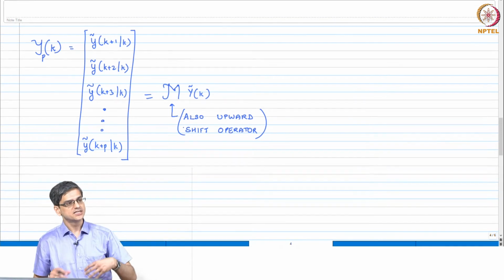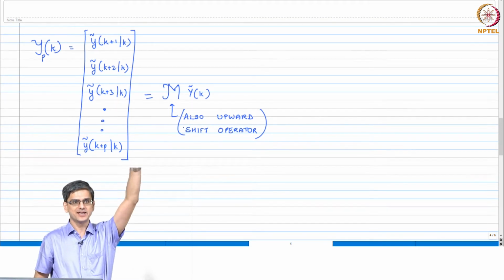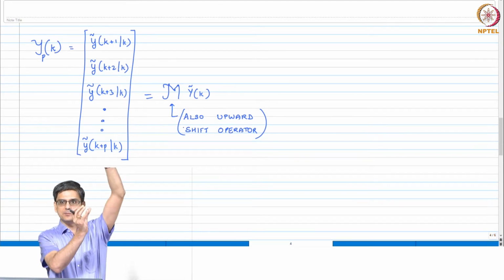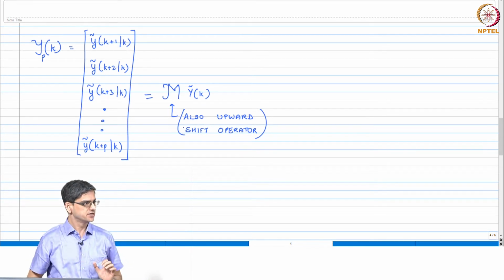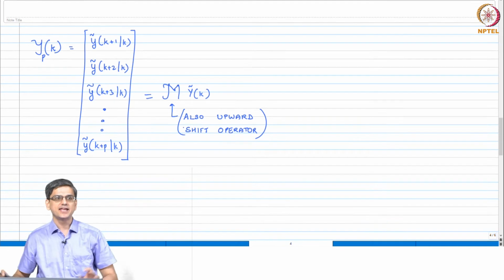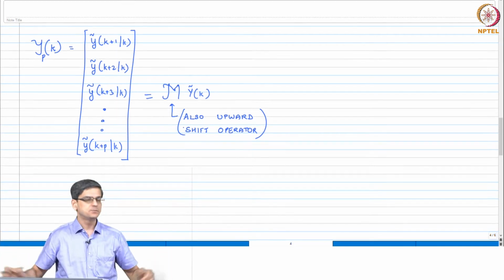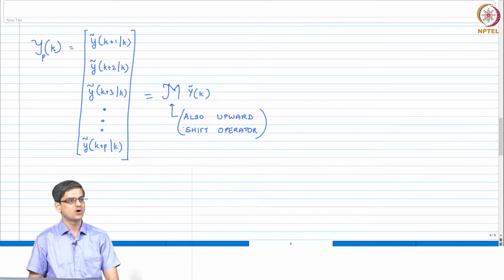Why? Because in state update what did we do? We got rid of the top ny components, moved everything up by 1, and the last one was repeated. Here it could be different. Let us say n was equal to 40, but p was only 10, p is less than n. Then what is going to happen?